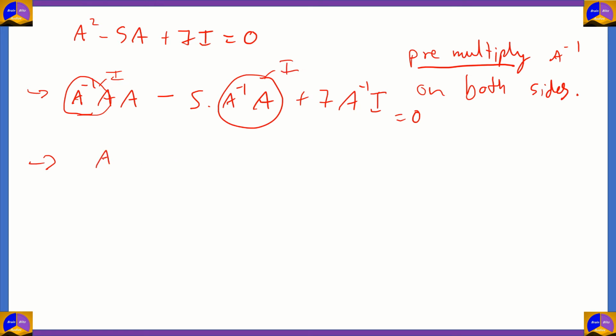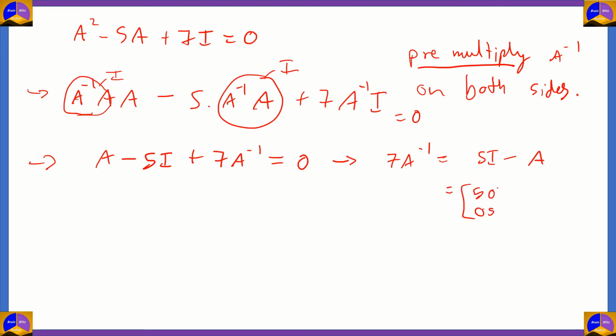So you have A minus 5I plus 7A inverse equals 0. That means 7A inverse is equal to 5I minus A. We can just calculate it as 5[1, 0; 0, 1] minus [3, 1; -1, 2].